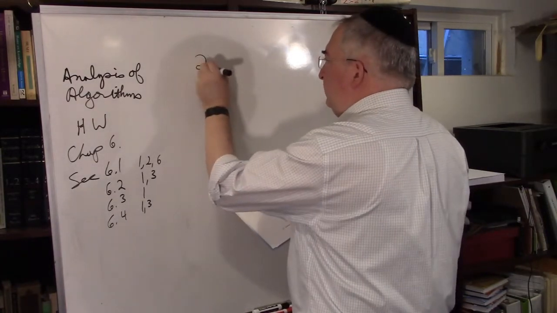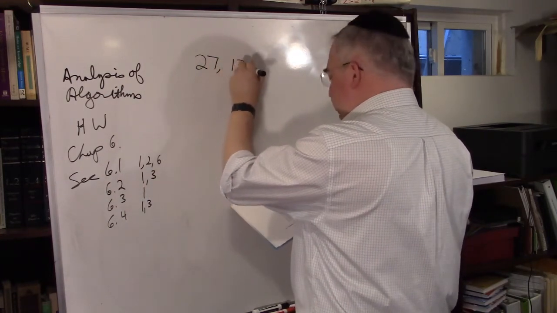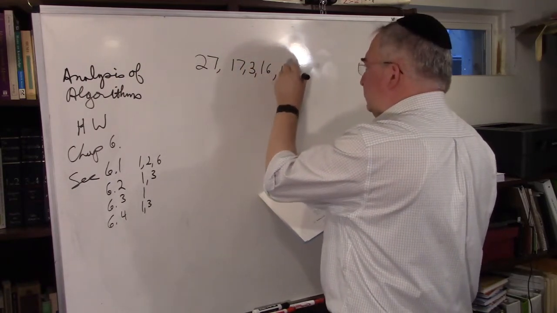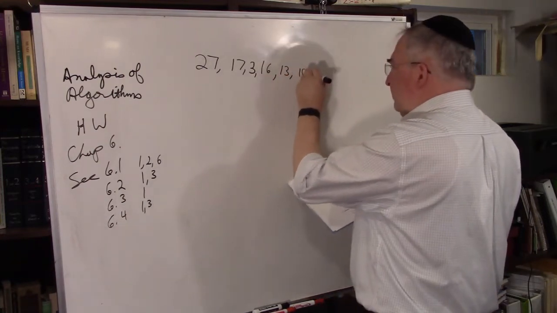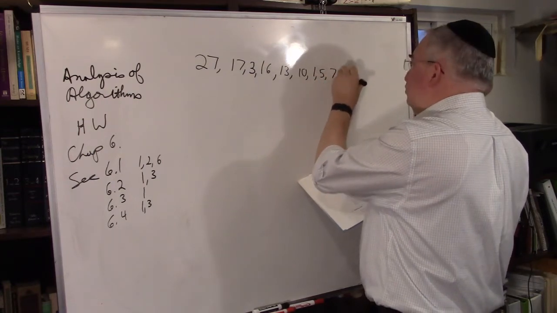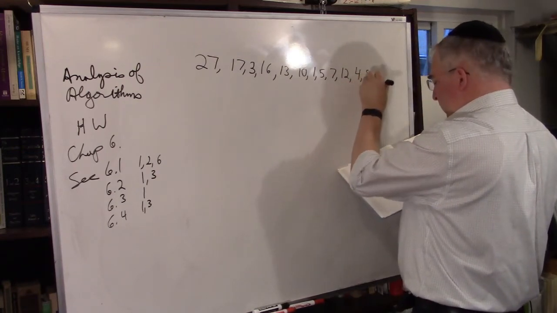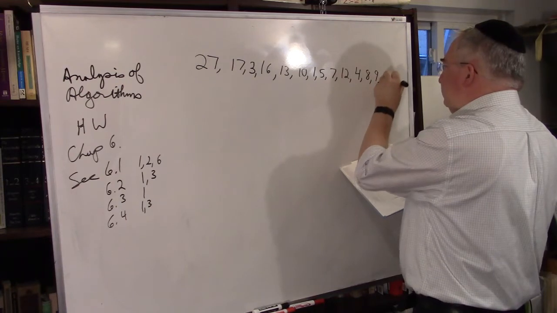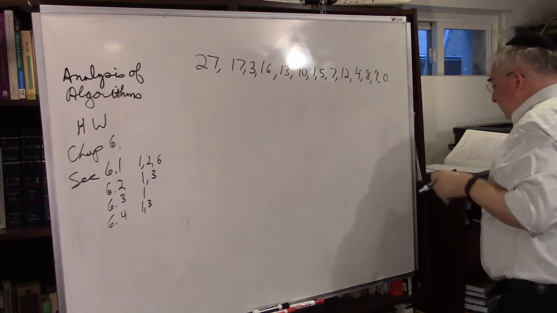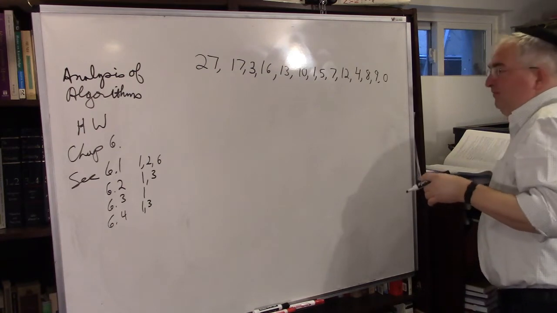So let's just write down the things. 27, 17, 3, 16, 13, 10, 1, 5, 7, 12, 4, 8, 9, 0. Okay, so what they first want us to do is put it into some type of heap. Well, it's not really going to be a heap, but put it into an almost complete binary tree, and then fix it from point 3.